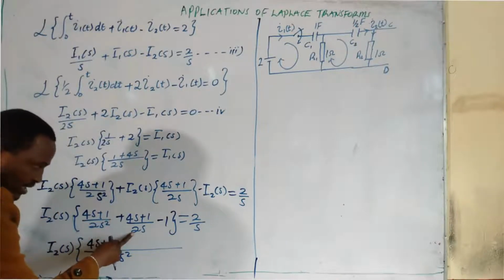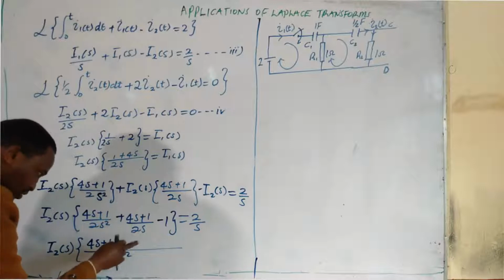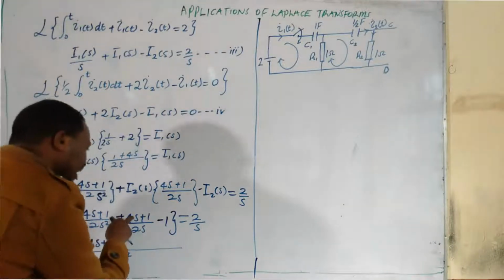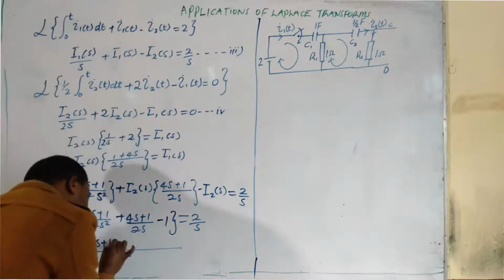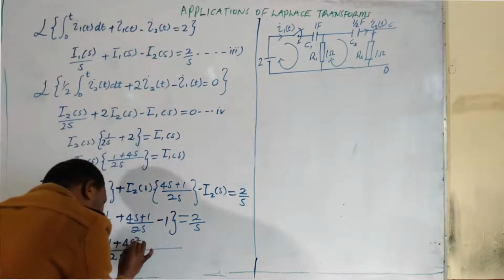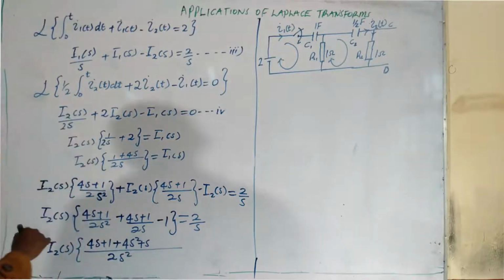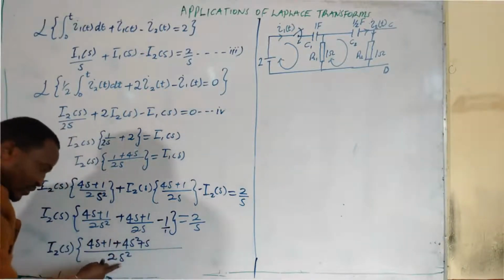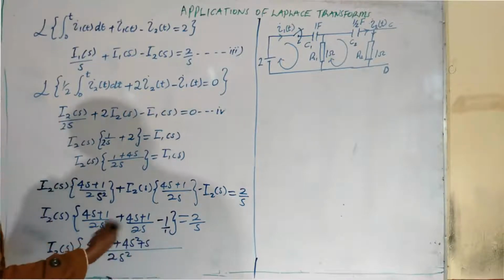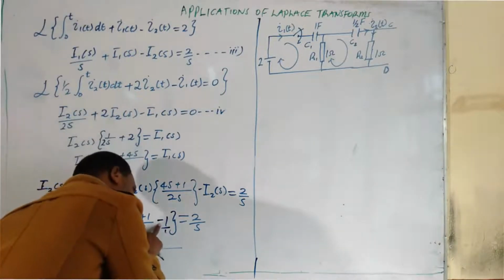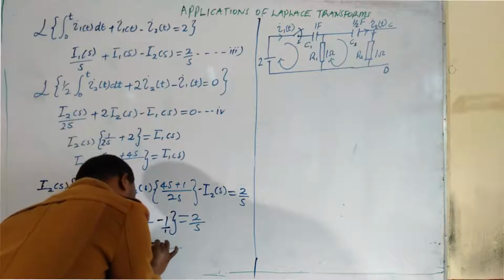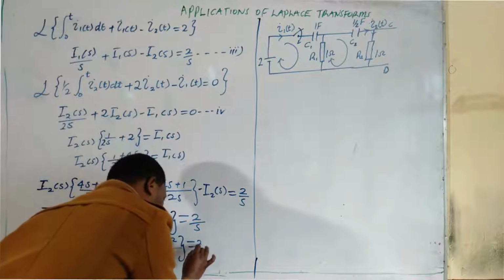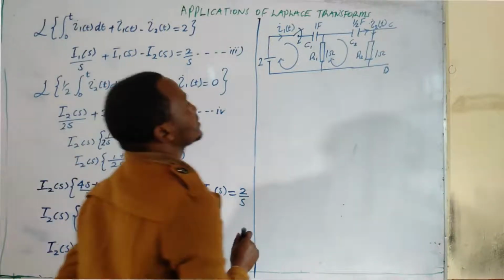Then 2s squared divided by 2s, s times this term, to be plus 4s squared plus s. Then this is 1 over 1, so it's 2s squared, multiplied by negative 1 to be negative 2s squared. You can close that bracket, equal to 2 over s.